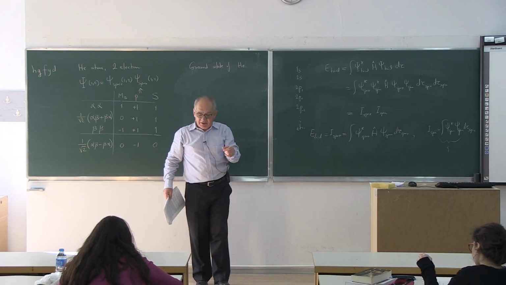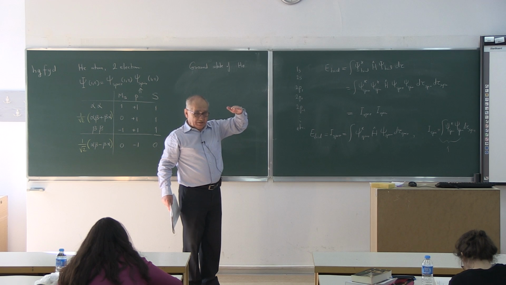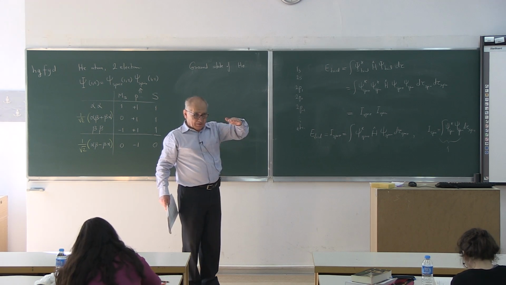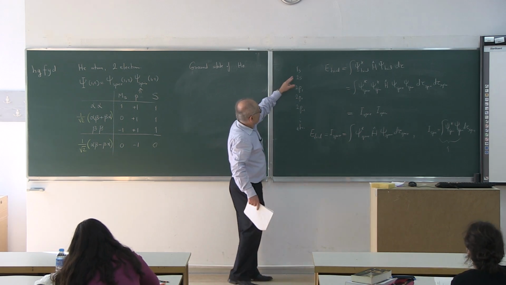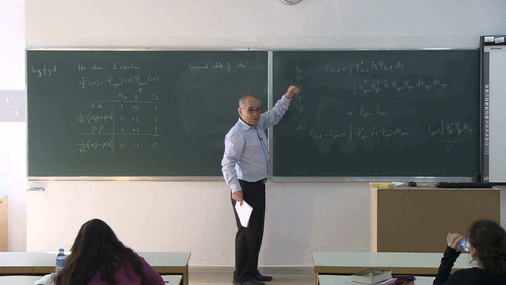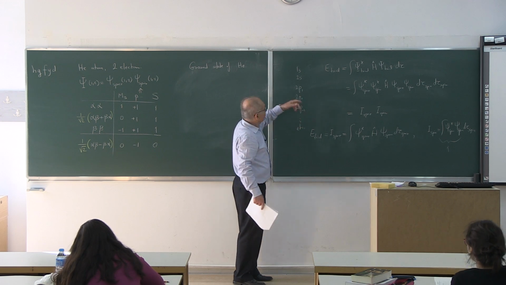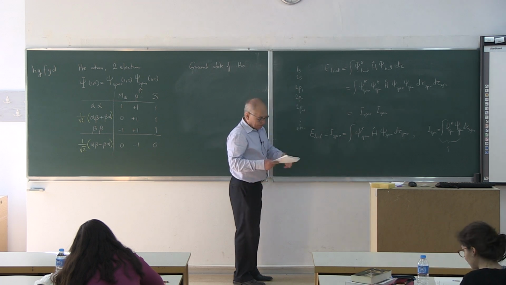Ground state means that we are interested in the lowest energy of helium, which means in our selection of the orbitals for the two electrons, to get the lowest energy, we select the lowest energy orbitals in our product.